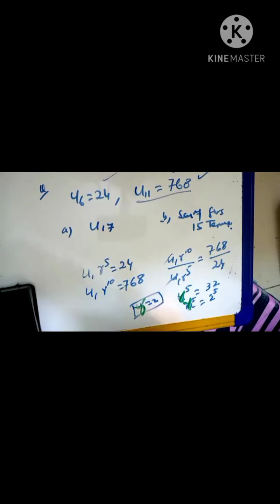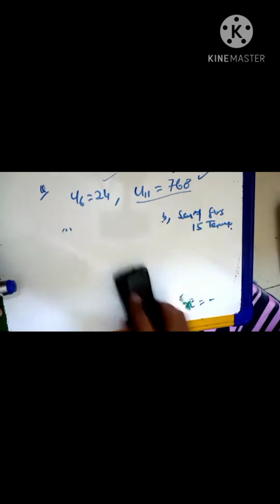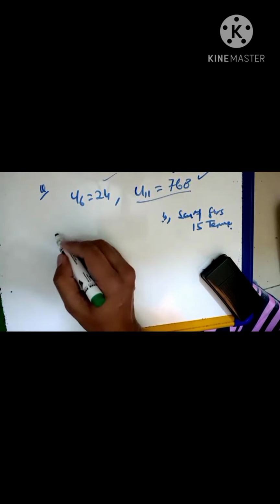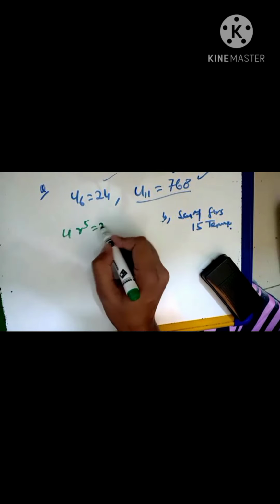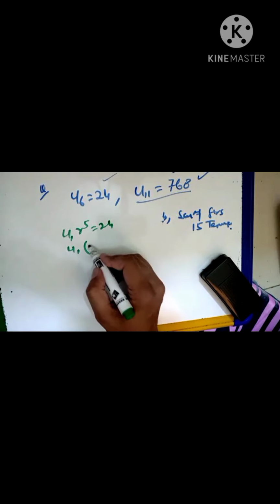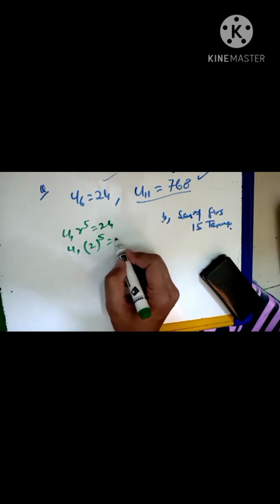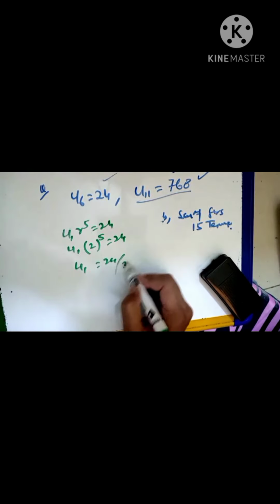Now if R is equal to 2, I will calculate the first term with this R. First term: U1 R^5 equal to 24. So you can write 2 raised to power 5, so U1 equal to 24 over 32.